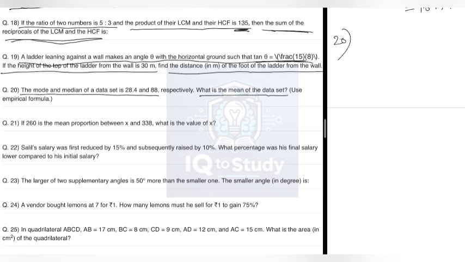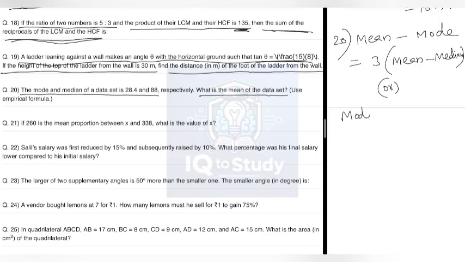The relation between the median, mean and mode is mean minus mode is equal to 3 into (mean minus median), or this can also be written as mode is equal to 3 median minus 2 mean.